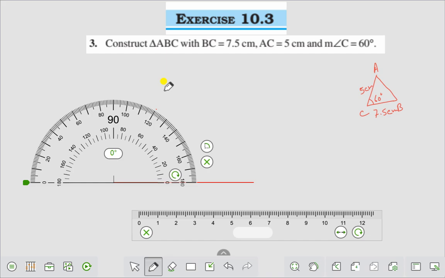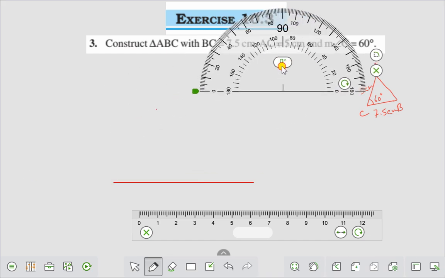Now join this point with the help of the ruler to make the angle of 60 degrees.